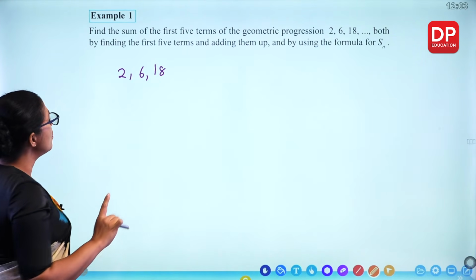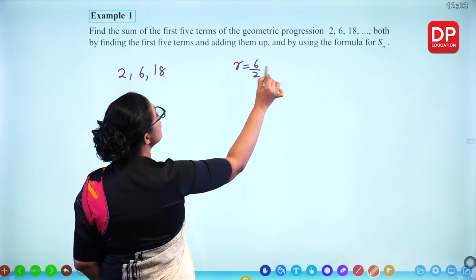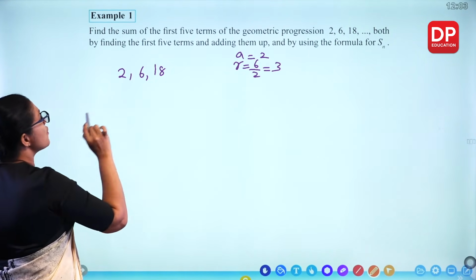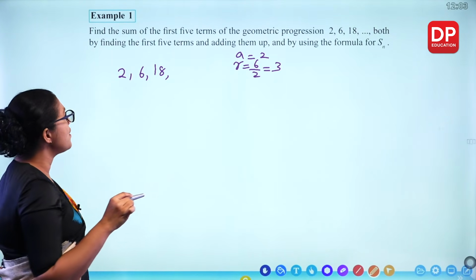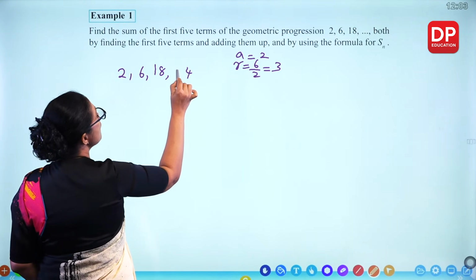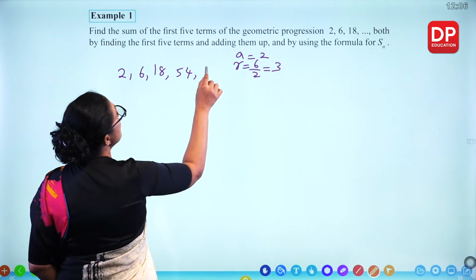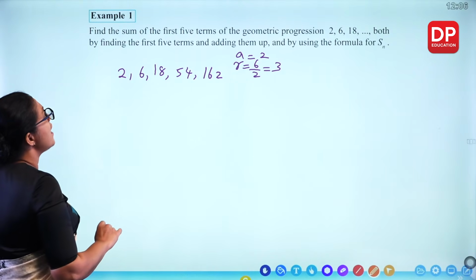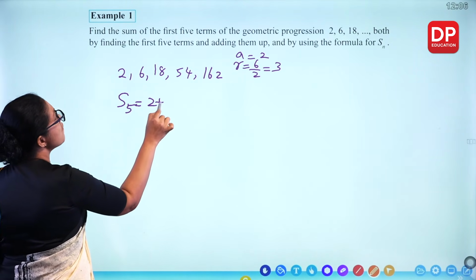What's the ratio? The ratio is 6 divided by 2, you get 3. The first term is 2. So what's the next term? 18 multiplied by 3 is 54. So 54 times 3 is 162.